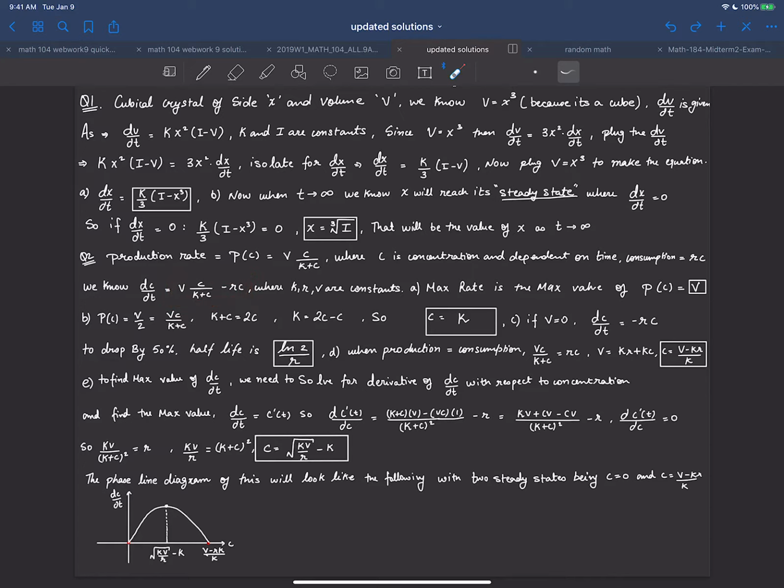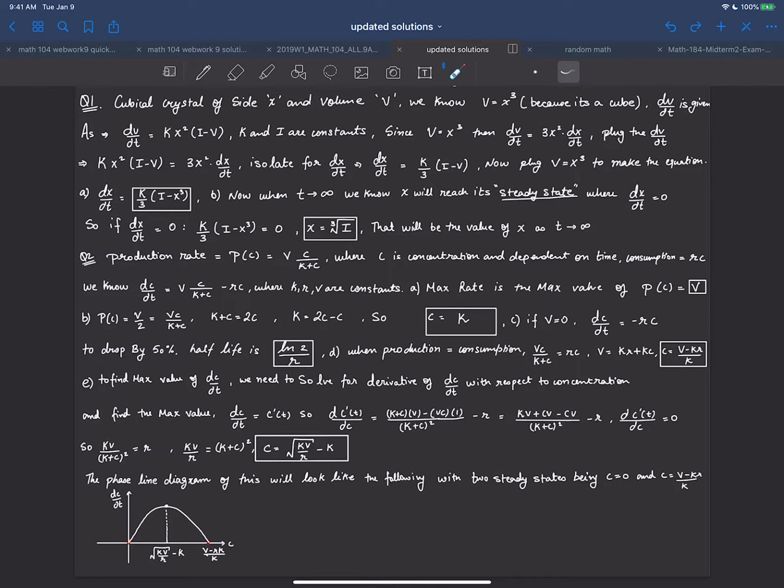The steps for optimization: take the derivative of this function with respect to C using the quotient rule. Once you have that derivative, all you've got to do is equate it to 0 to find the critical value. When you do so and isolate for C, following all these steps, you get C must equal the square root of kV divided by R, minus K.